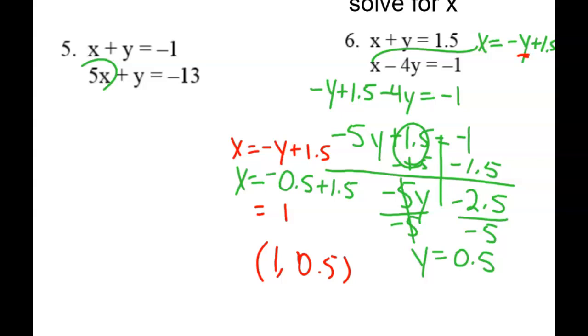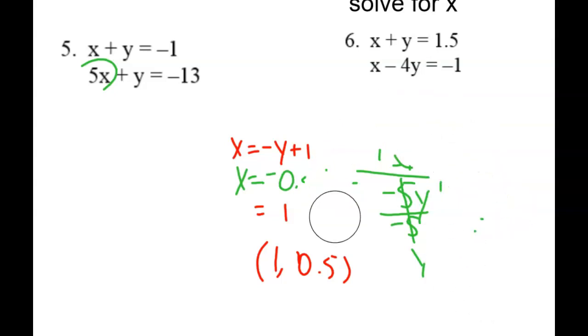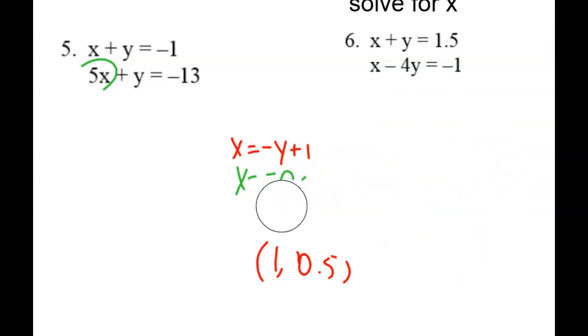Good. I'm going to erase that. And for those of you who got that answer, move on to your worksheet. For those of you who solved the other one, what did you get? You had to add 4y to both sides, right?